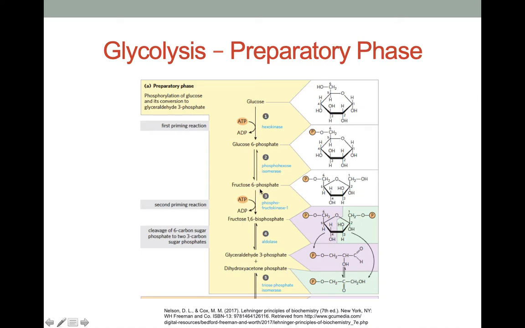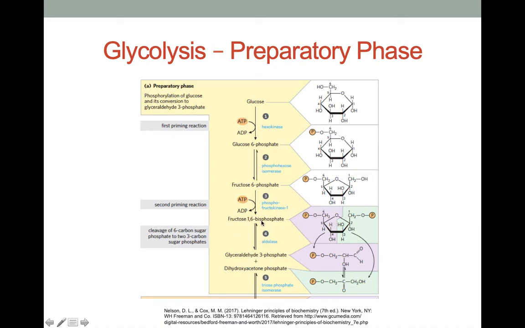And then fructose 6-phosphate, again, this step requires the use of ATP to go from fructose 6-phosphate to fructose 1,6-bisphosphate. So we're going to add another phosphate group on here. The enzyme phosphofructokinase 1, or PFK1, is what's used in this step.